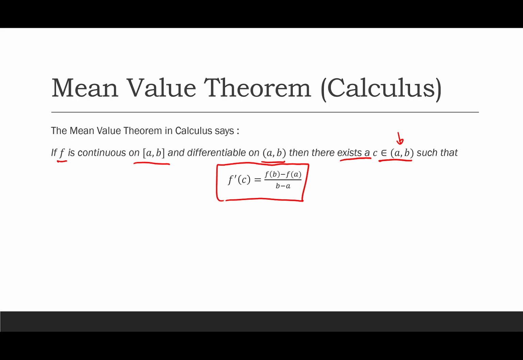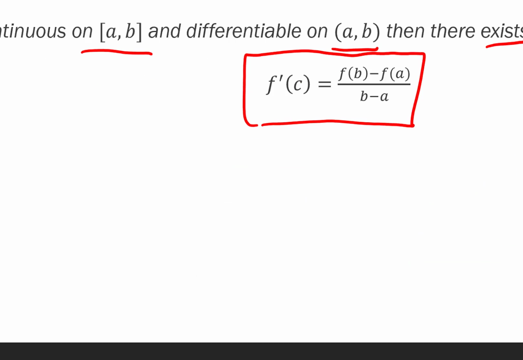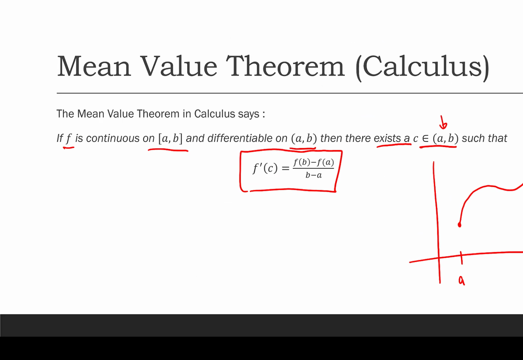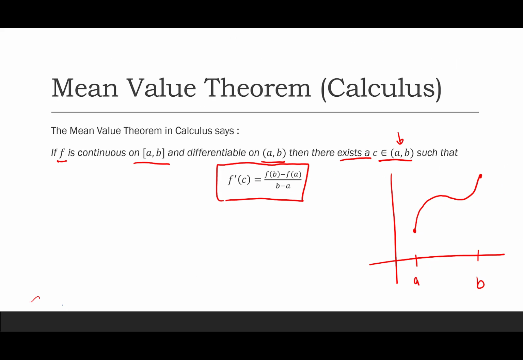Remember, this is kind of like what's happening in the picture. So let's say we have our function. Here's a, here's b, and maybe we have something like that. What this formula is saying is that there exists some c such that if you plug it into the derivative, you get essentially this slope value here.